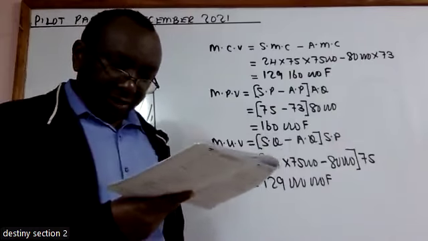Good. 5.85. And it's also good we label this as the variable cost per month.